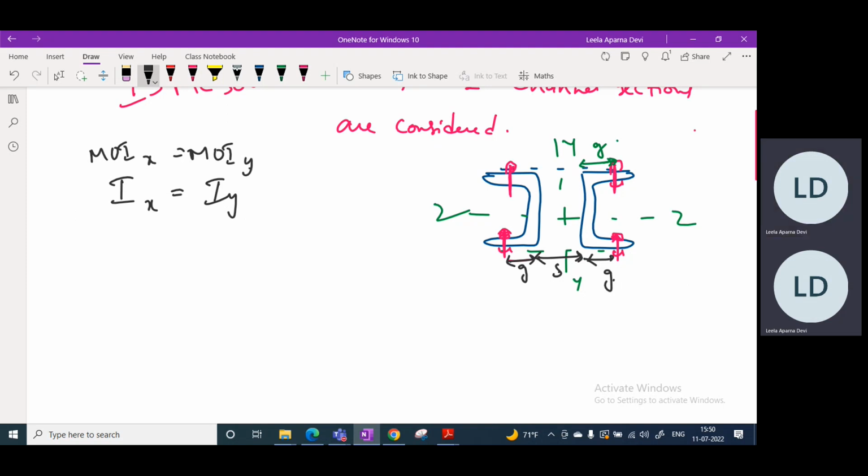So in such a way, we need to space the columns back to back. So from this equation, Ix means here Iz, ZZ axis we are taking. So here we are having two channel sections. So I'm taking 2Iz and 2Iy.